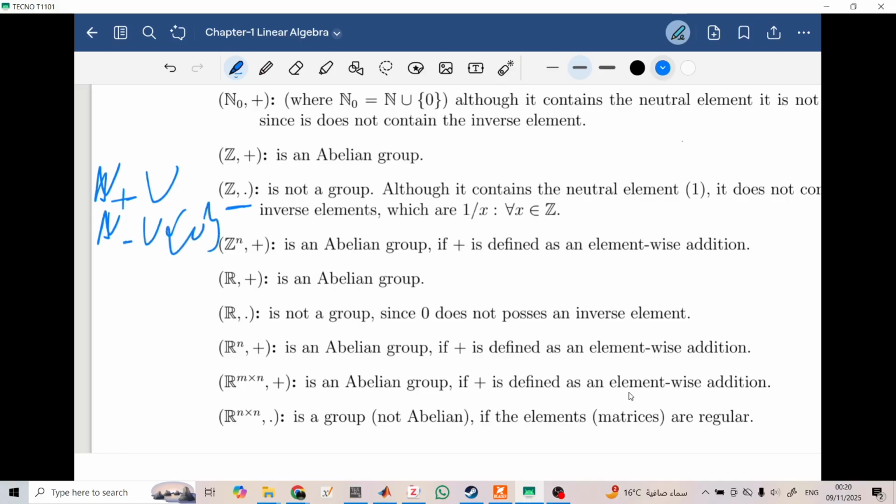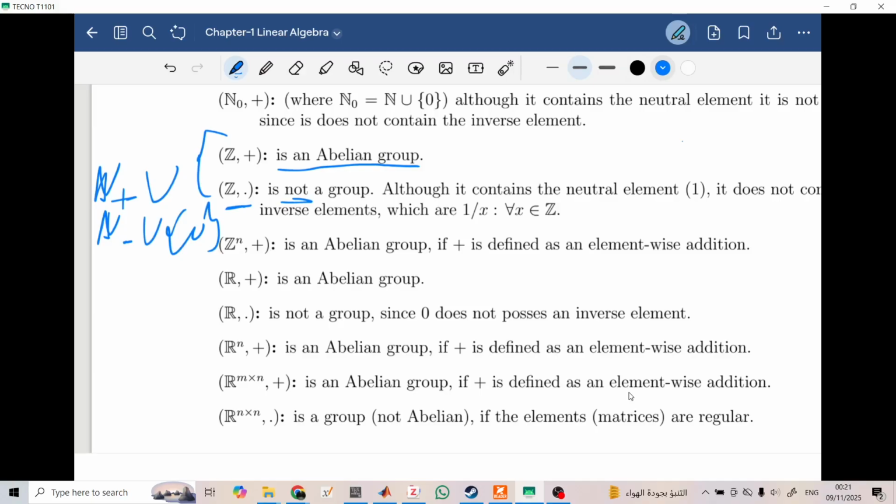So this is not a group under the product, but it is an abelian group under the addition. How? If we include the negative numbers, I think we solve the problem, right?